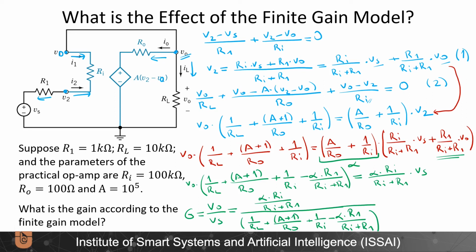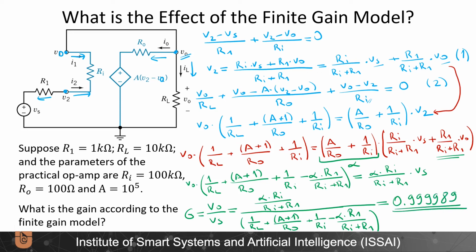Now I have all of these values of Ri's, R1's, RL's, and so on. I will go to MATLAB and calculate the gain value for the specific example we have, and this will be equal to 0.99989.